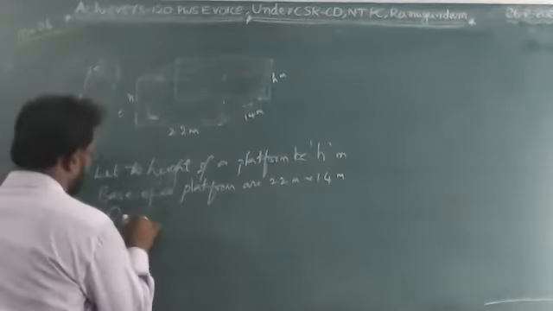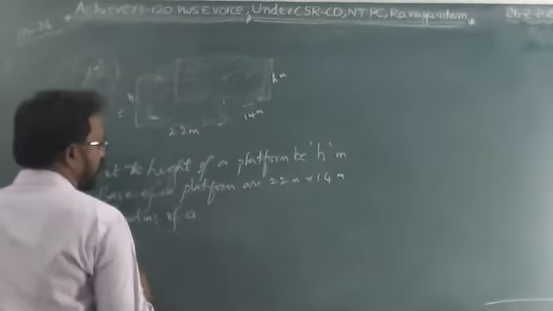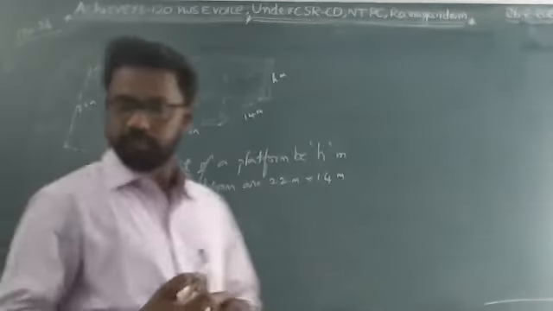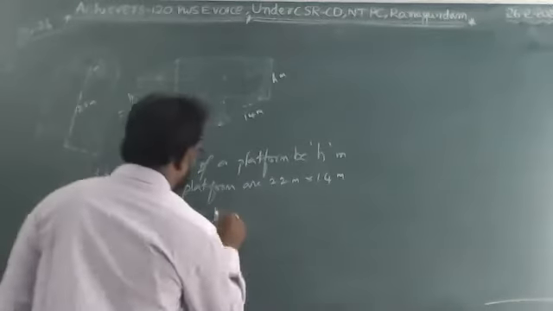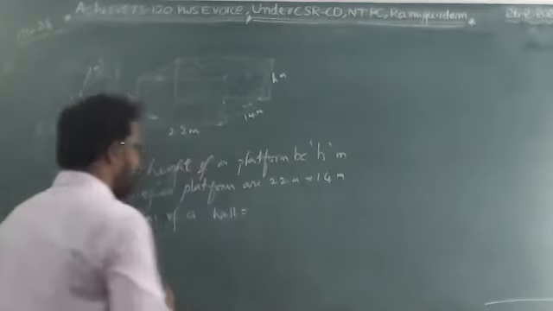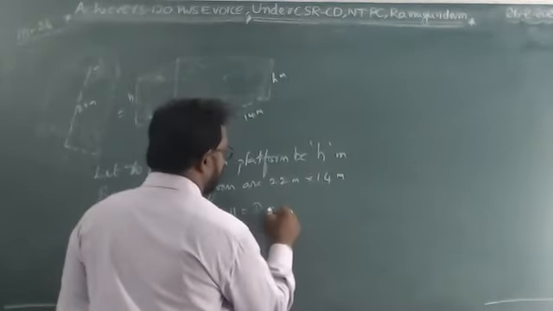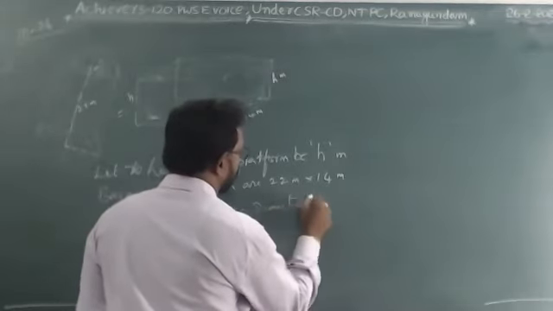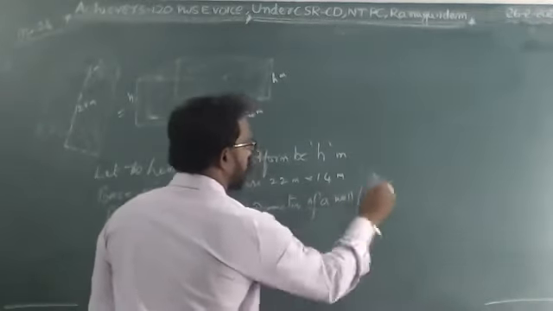And the radius of the well. The well is in the shape of a cylinder, and the radius of the well is d by 2, the diameter of the well by 2.